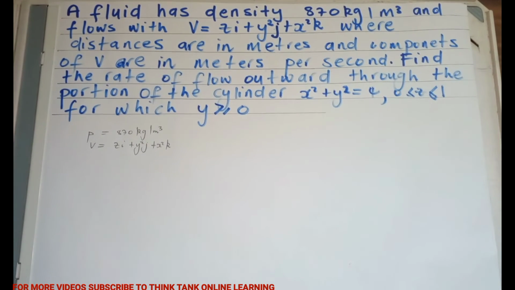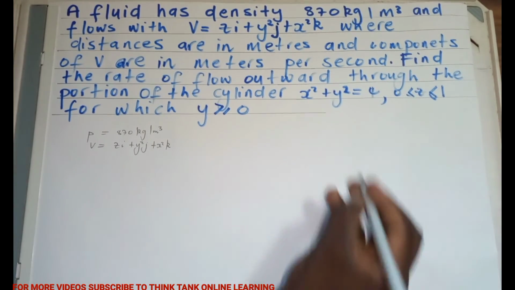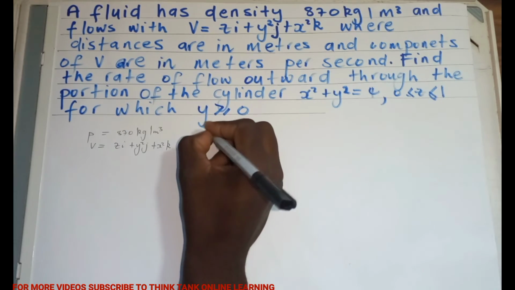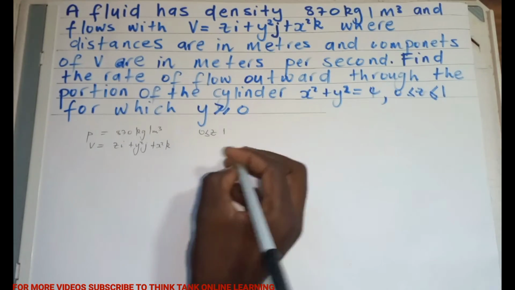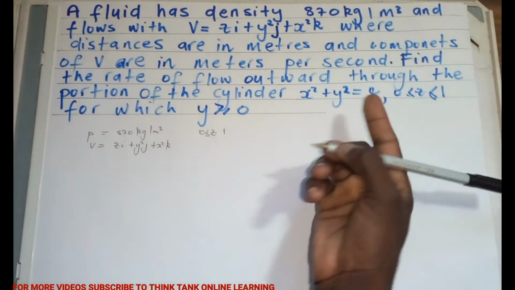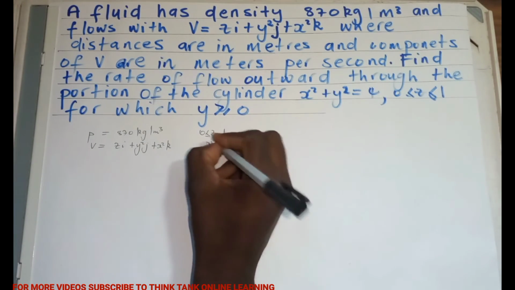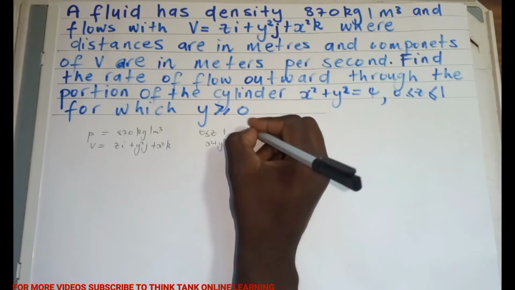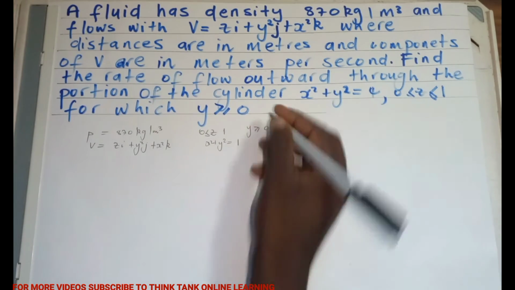And we're given the limits. So c ranges from 0 to 1, and we have a cylinder, x squared plus y squared equals 1. Then you know that y is greater than 0.